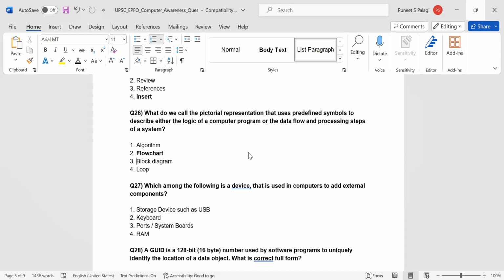So RAM cannot be used to add an external device. Keyboard also cannot be used. System boards also cannot be used. USB itself is an external device. So the right answer for this is ports.